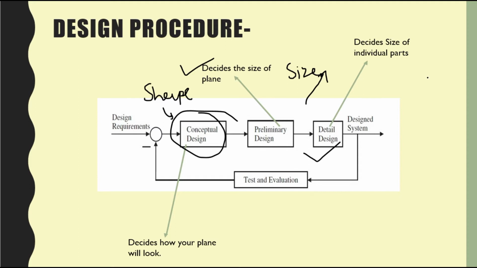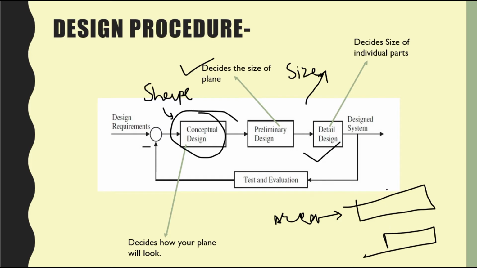The detailed design is concerned with designing, at the end, a particular part. For example, if from the preliminary design I got the area of the wing, then this area will now be divided across the wing. So the wing should be like this, or like this.